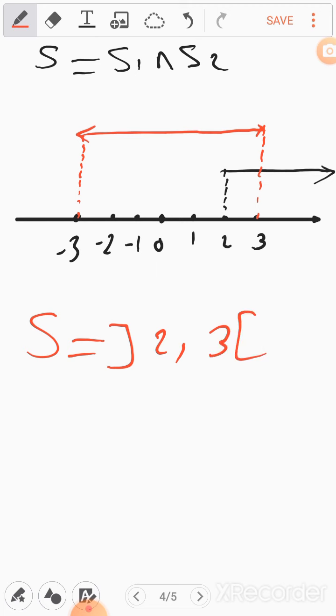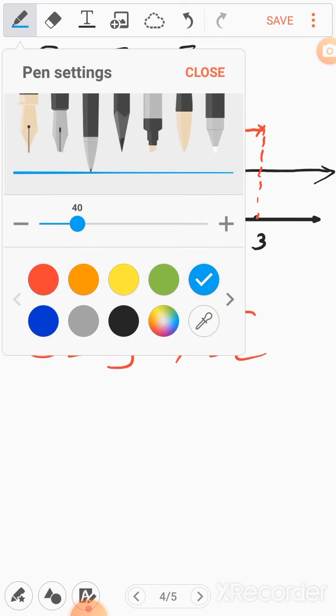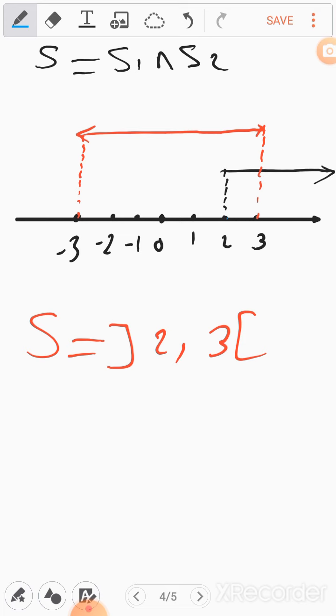Why the interval 2, 3? Because the two lines are above each other, look here, in this region, in 2, 3, this line and this line are above each other.